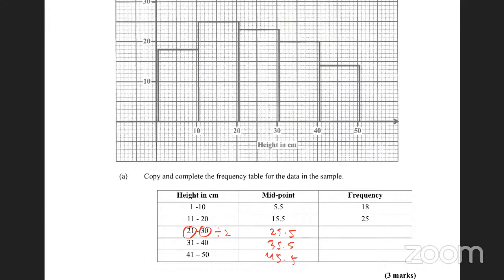Let's find the frequency. You might be able to see, but I'll help you. How do you get the frequency for 1 to 10 from the graph? Bradley, what do you do? How do you get the frequency from the graph?